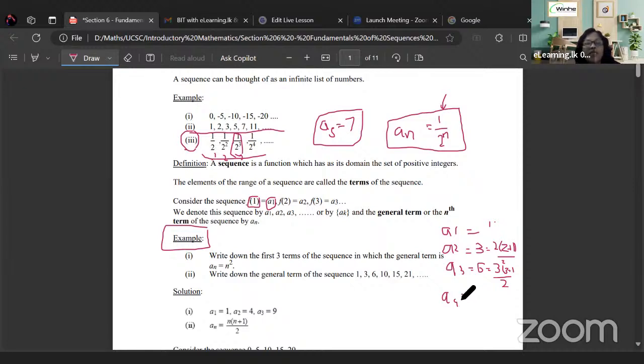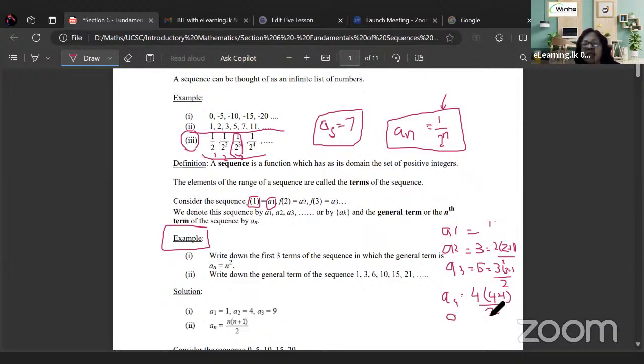If you got A4 also you can write. A4 is 10. 10 you can write 4 into 4 plus 1 divided by 2.